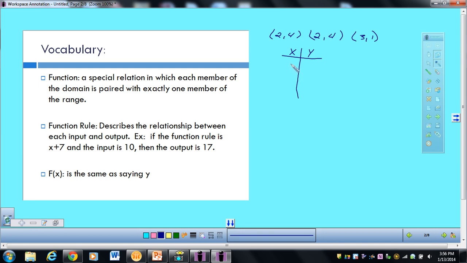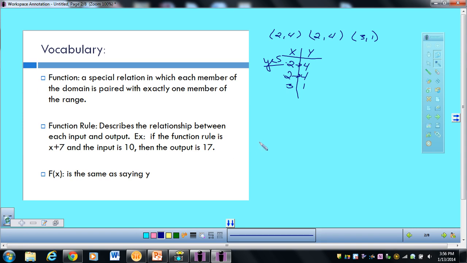So a function is any relation where you have one y value for every x value. And remember, the way we determine that in the table is we look to see if there are any repeaters in the x column, and there are. We have a 2 here and a 2 here. And then we had to make sure that the y value that went with it was the same, and it is, so yes, that is a function.